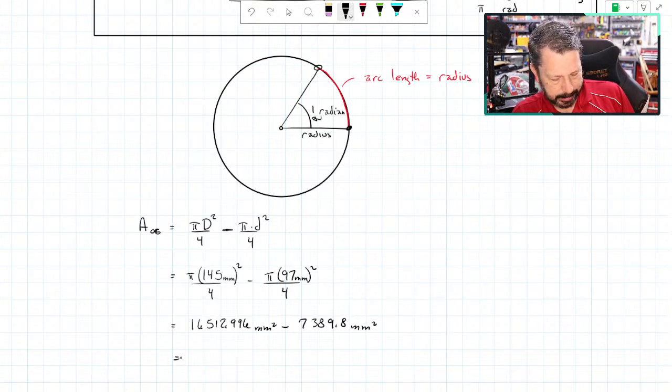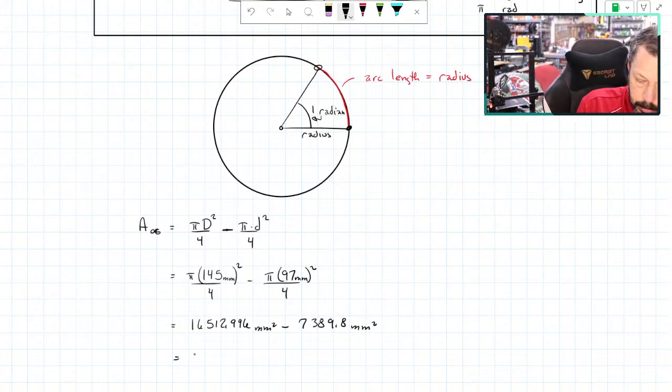So our total area of our ring is 9,123.2 millimeters squared.